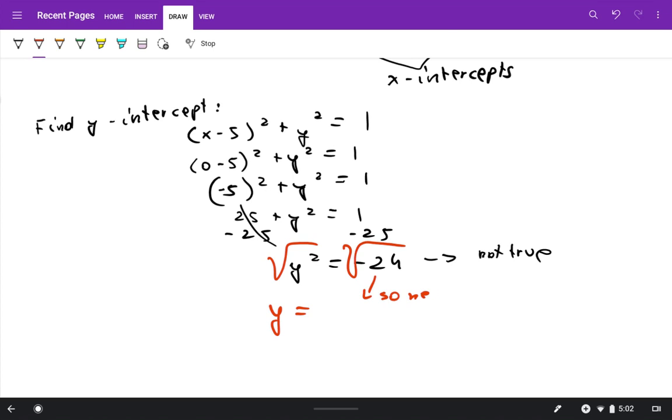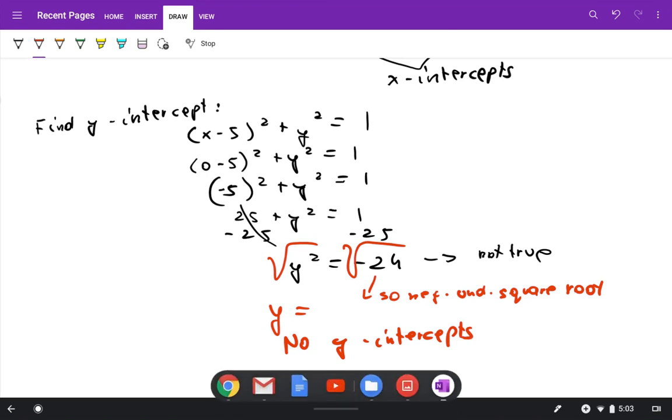No negatives under a square root. So since we can't solve that, there are no y-intercepts.